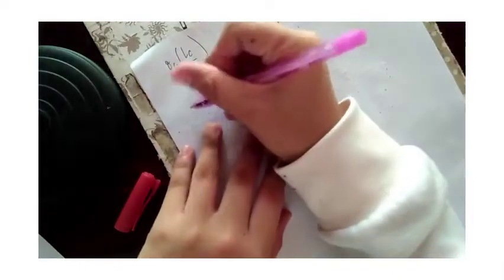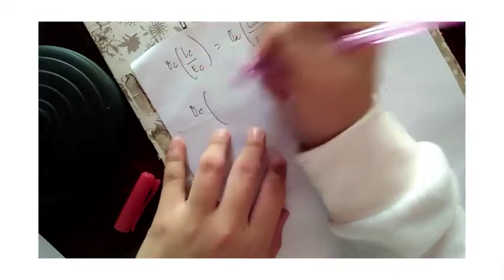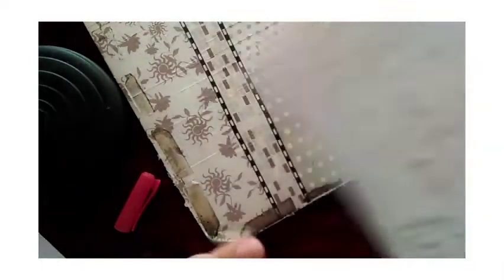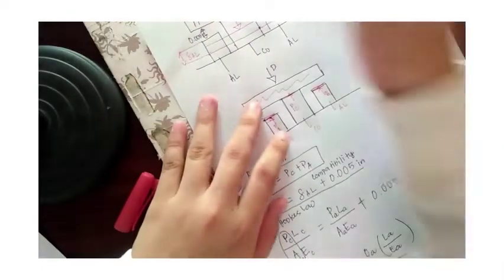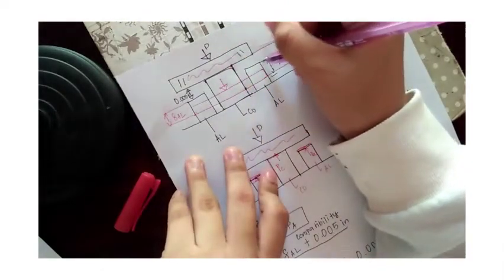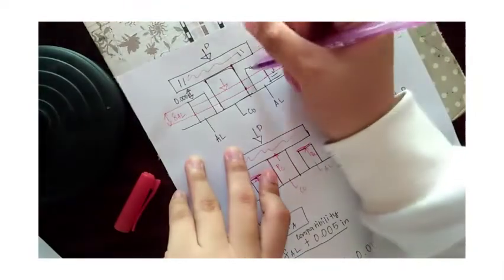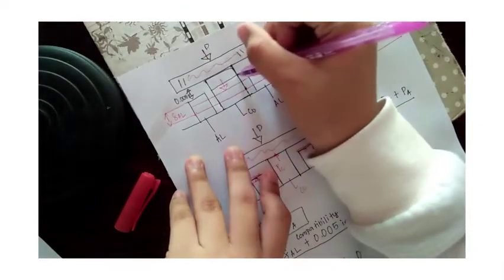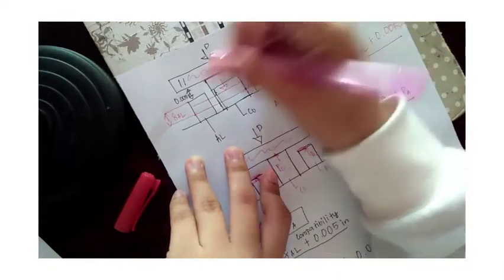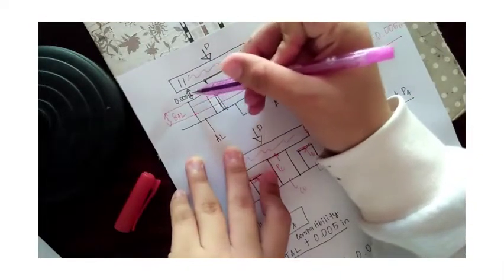So, lagay muna natin yung length of copper. Length of copper, balikan tayo sa figure, diba? Ito yung copper na yan. Tapos sabi, etong length daw ng aluminum is 10 inches. So, meaning, this one is 10 inches. Tapos yung agwat nila dito is 0.005 inches.